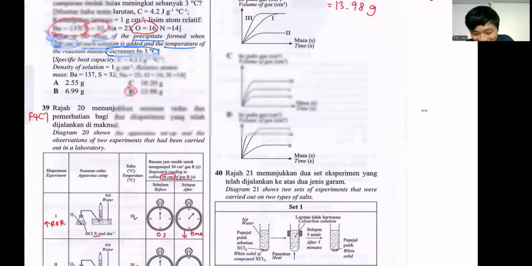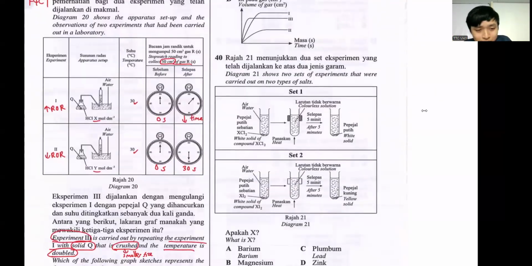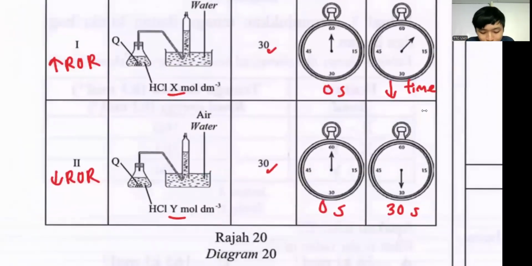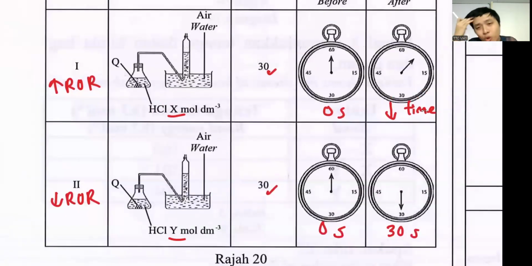So I have to check. In this case, you see different concentration, X and Y, and I told you before, even in booster class: if you change the concentration, the ending of the graph is different.